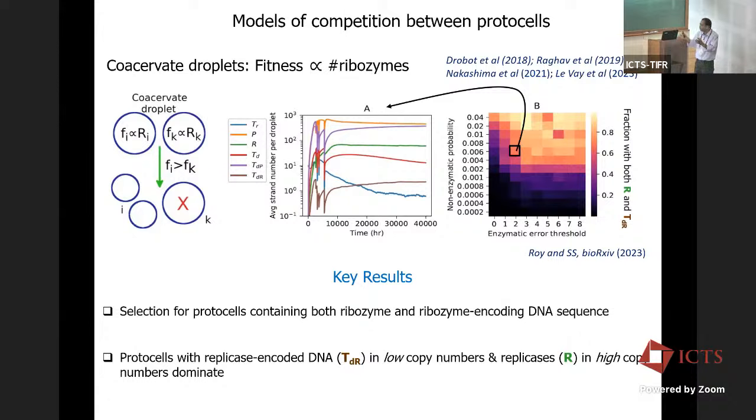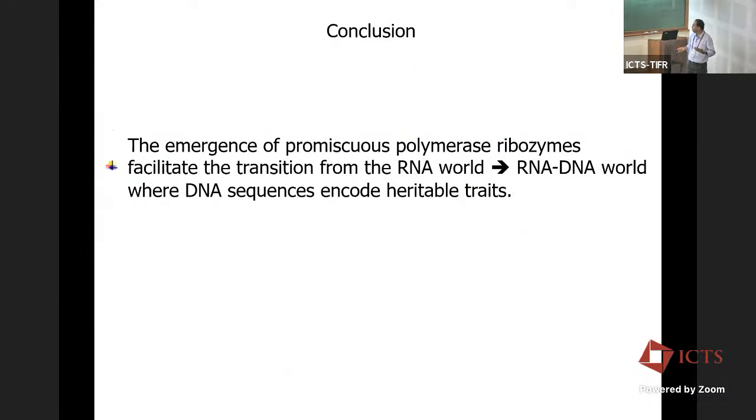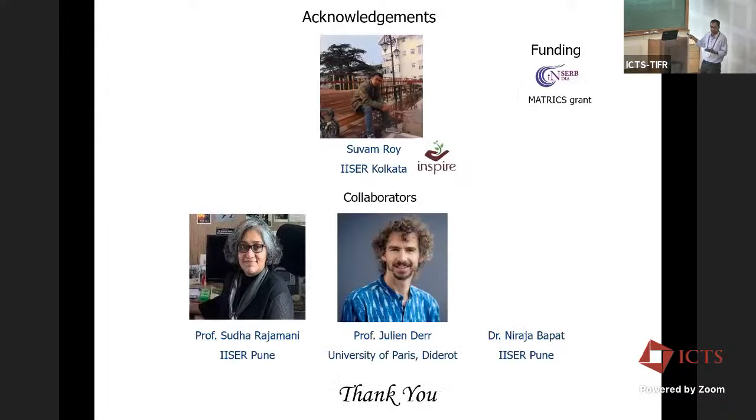Of course, initially we are just looking at a single gene here. You have to make it more complicated than that. But hopefully this gives some insight into the transition from an RNA world to an RNA-DNA world where DNA sequences encode heritable traits. So that's the story.